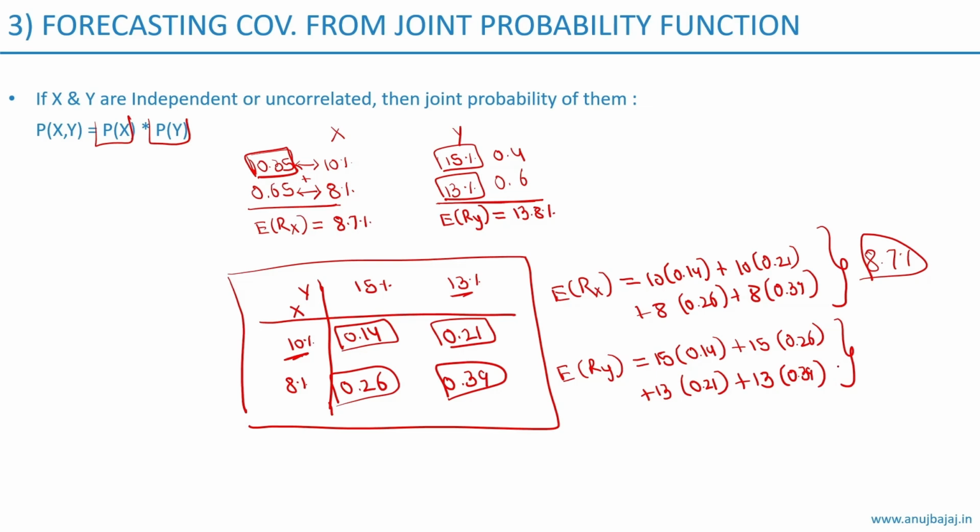So we get the expected return to be 13.8%. So you can see the answers are the same when we calculated the expected return using this information and when we calculated the expected return using the joint probability matrix, the answers are the same.